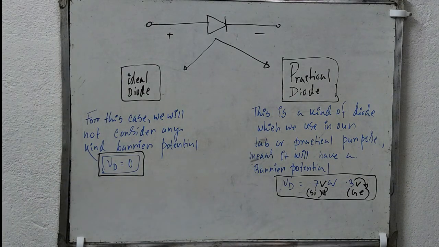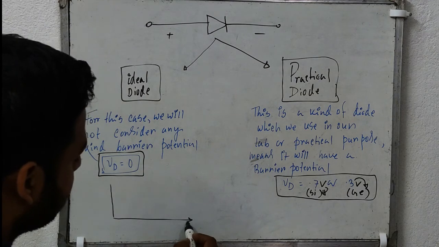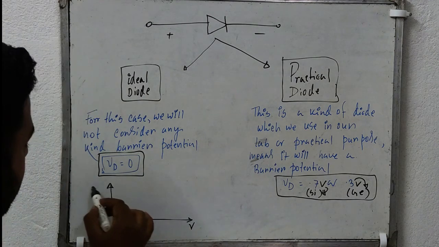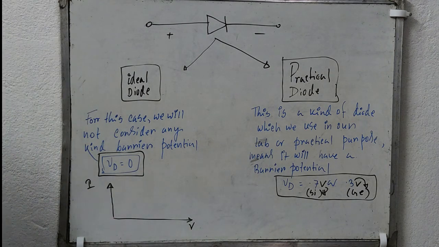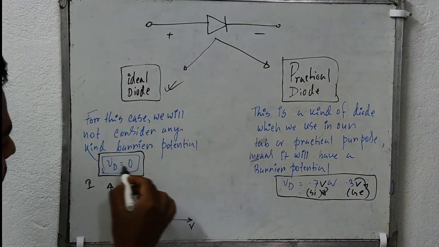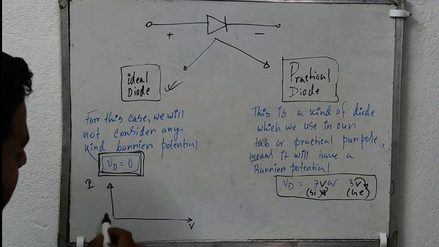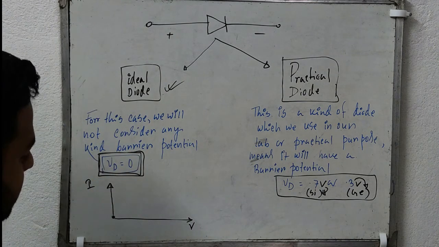Let me draw the VI characteristic for the ideal diode, which will help you understand. This is V, this is the y-axis, which I am considering as current. For the ideal diode VD, there is no barrier potential, so this is the origin.